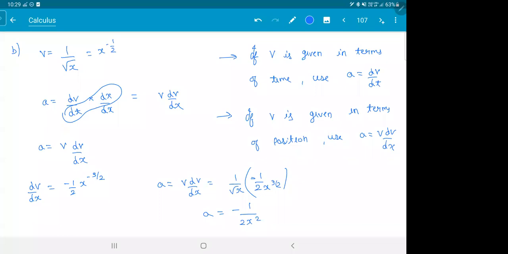If they ask you a in terms of x, you finish off with this thing, v dv by dx. Put it down. Clear?